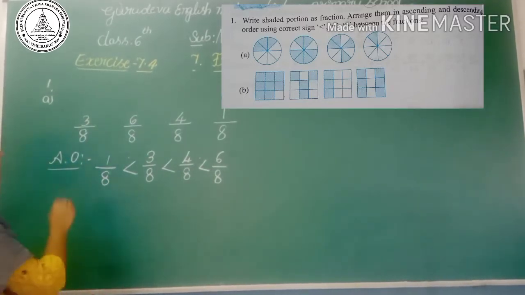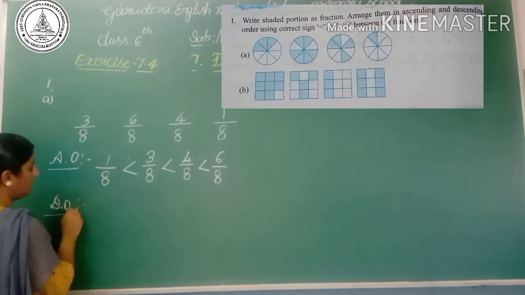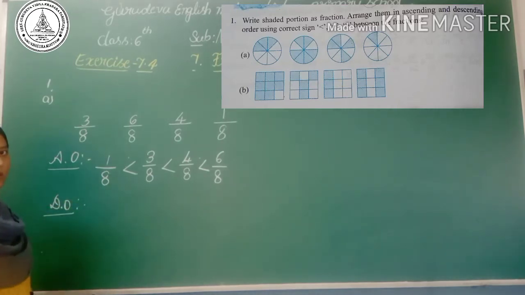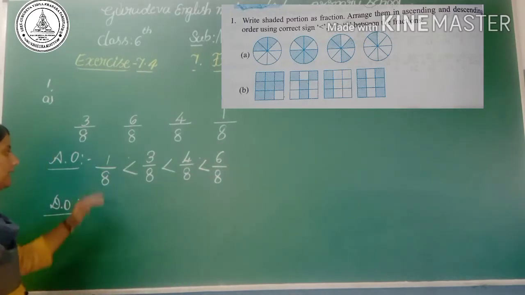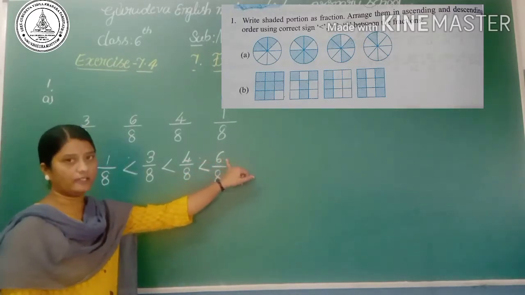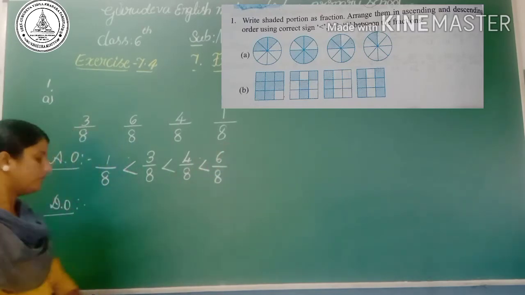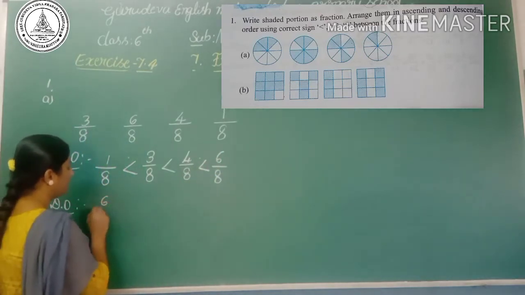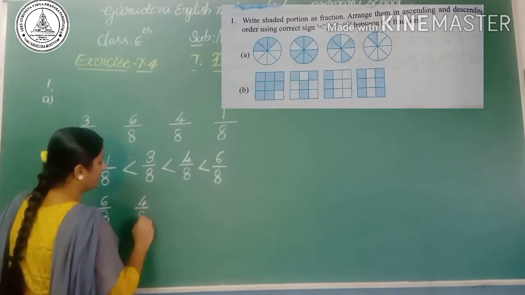Okay. Then similarly we can arrange them in descending order, meaning greater to smaller. Yes, here 6 by 8. In like fractions, the one with the greater numerator is the greatest fraction. Okay. Yes, first write 6 by 8. Then 4 by 8.